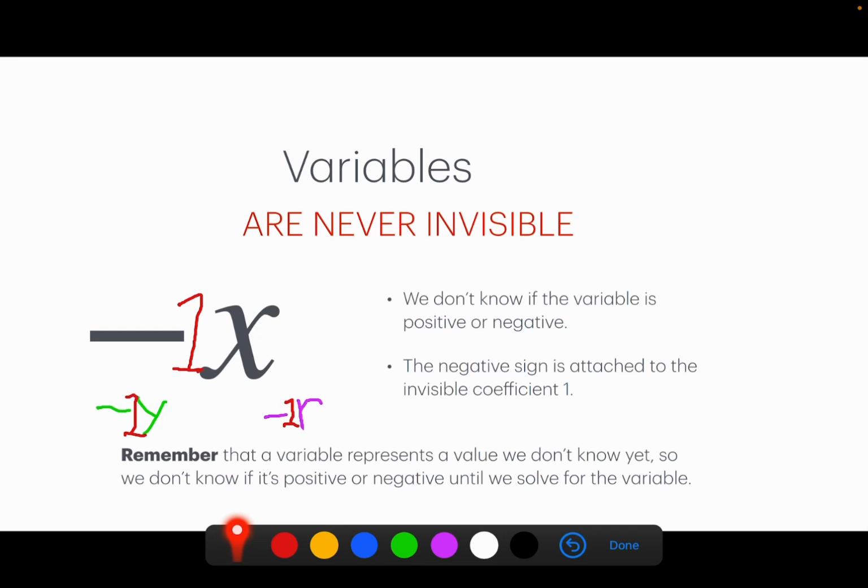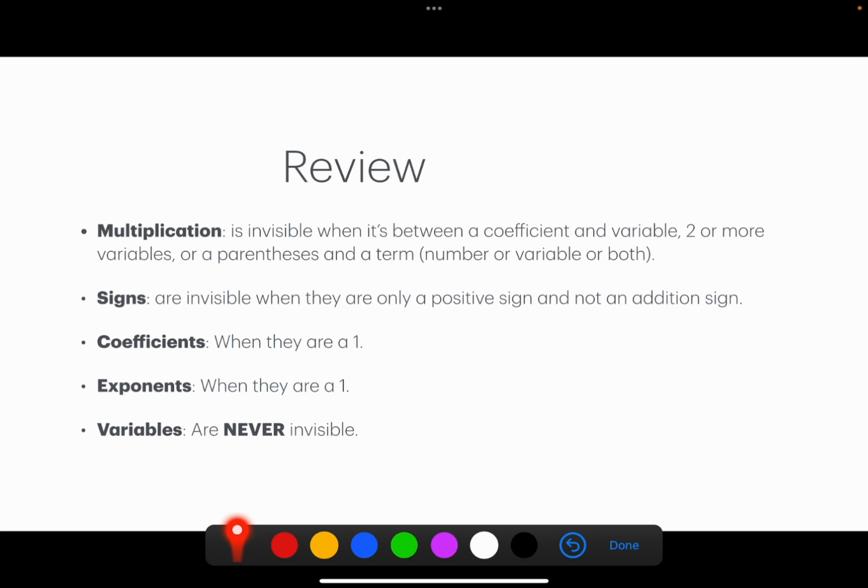But when we see an x and there's a sign to the left of it, that sign, even if it's positive, which we wouldn't have to write, but a positive x, it really just means a positive 1x. Okay? So signs attach to the numbers, not the variables. They attach to the coefficients.